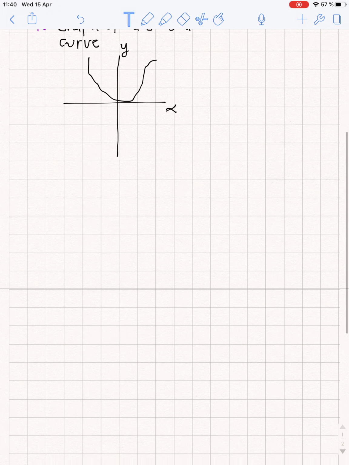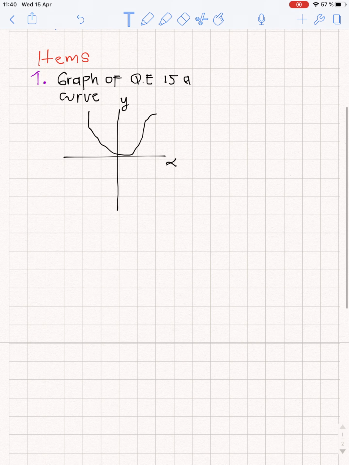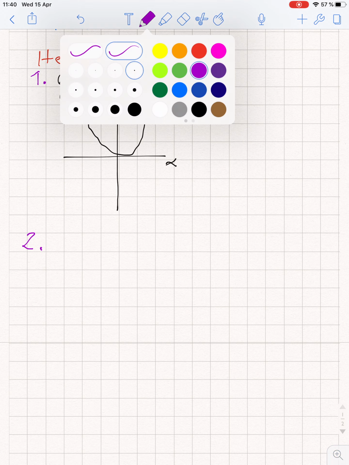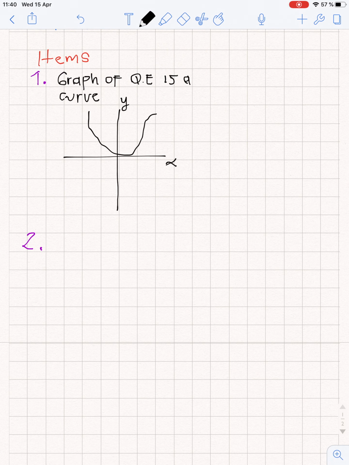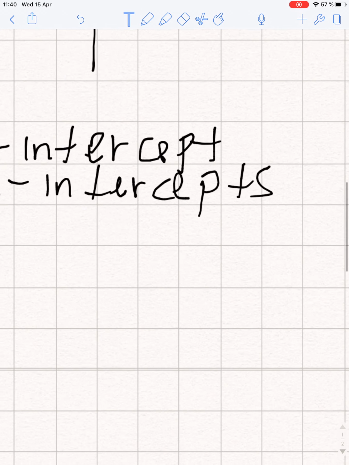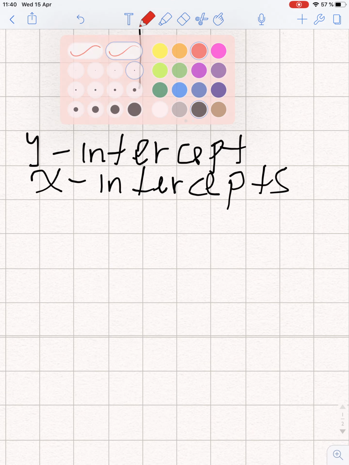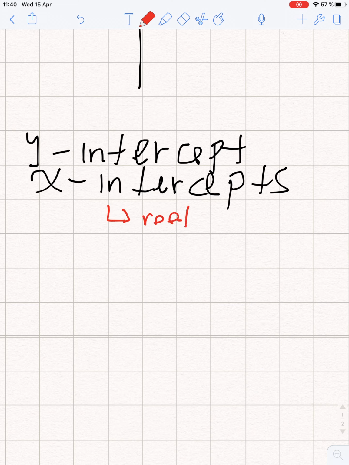Okay? Now, second, in a quadratic equation, we can identify, for example, a y-intercept, okay? We can identify x-intercepts, that we call the x-intercepts, also roots or zeros, okay?